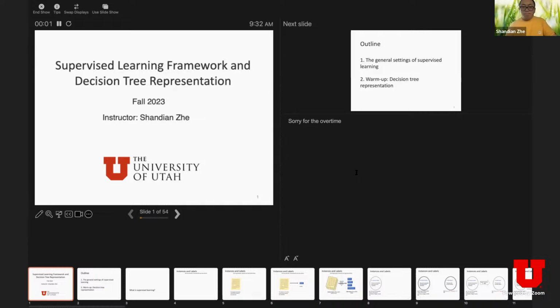Okay. So now let us summarize the general setting of supervised learning. First, we're given a set of labeled training examples in the form of pairs of instance and label. The label is given by the target function, and this target function f is an unknown function. Typically, the input or instance is represented in the so-called feature space or feature vector, because we have to represent it in numerical form.